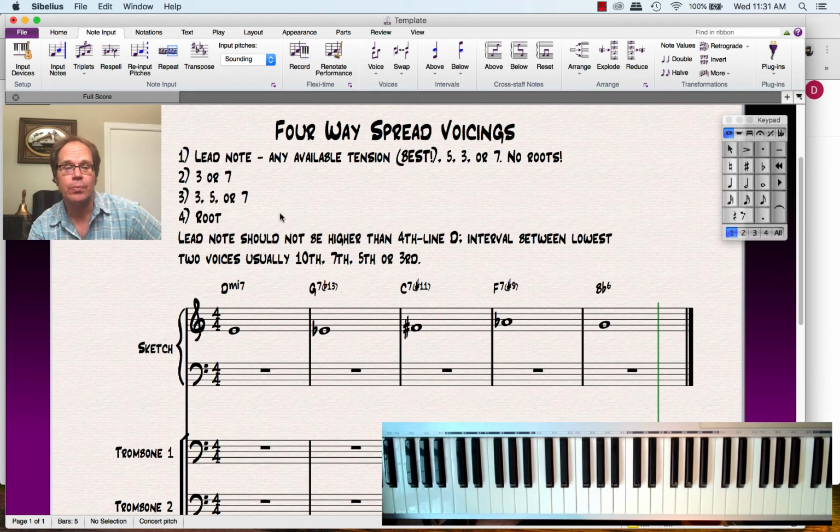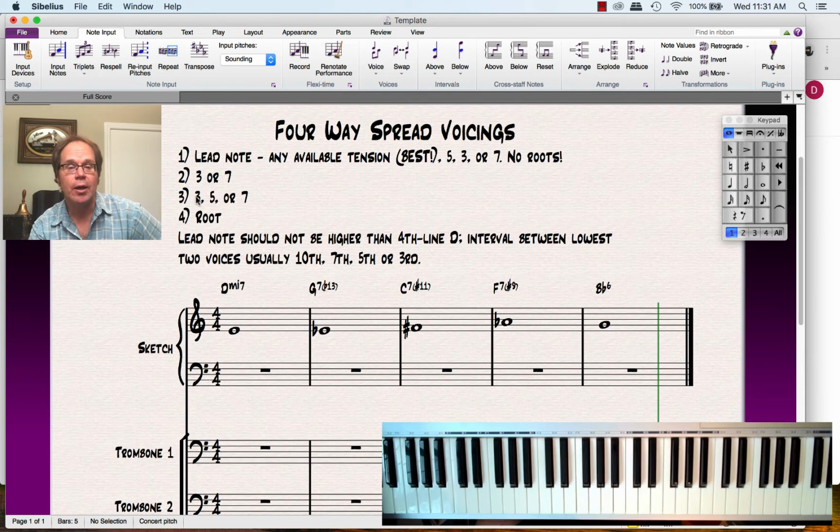And the other rule there is that the root in the fourth voice is going to be either this D here, no matter what your chord is, or lower. In other words, we don't want any spread voicings that have our root anywhere in this area. The root really needs to be pretty low to give us that really nice lush sound of a spread voicing.